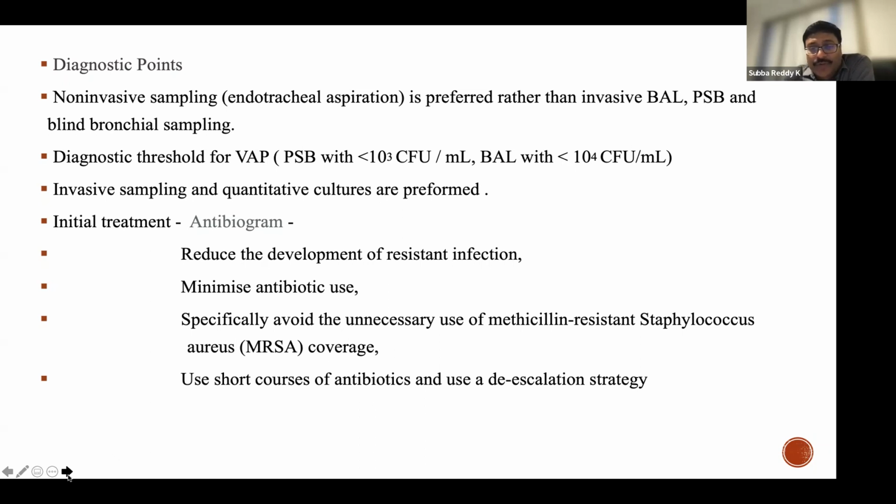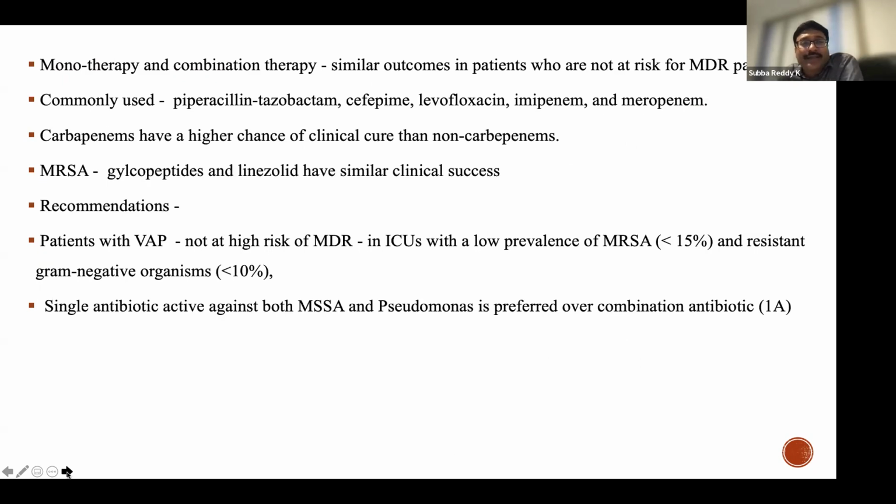We have to use a short course of antibiotics, and we should have a proper de-escalation policy in our ICUs. Monotherapy versus combination therapy depends on the type of bug. Commonly used antibiotics for treating VAP are piperacillin-tazobactam, carbapenems, and polymyxins, and carbapenem resistance is increasing.